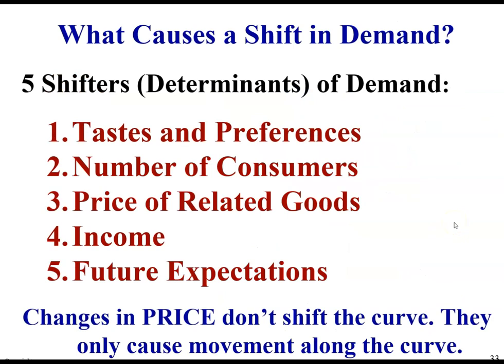There are 5 things that can shift demand: tastes and preferences, the number of consumers or the market changes, price of related goods, income, or future expectations. A change in price does not shift the curve. They only cause movement along the curve, again referred to as quantity demanded.